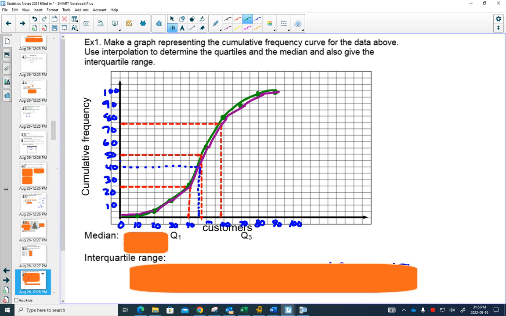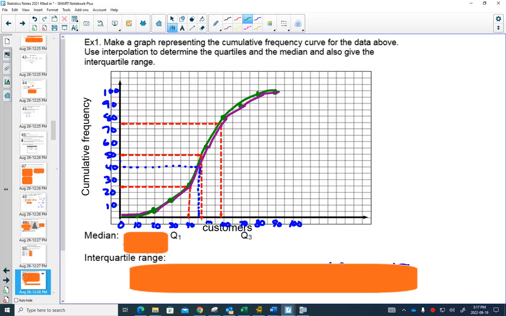Then after 10 to 20, can you see on your chart the cumulative frequency was at 5? So then at 20, we would mark 5. After 20 to 30, your cumulative frequency was 14. So that means that at the endpoint 30, you would mark a point at 14.